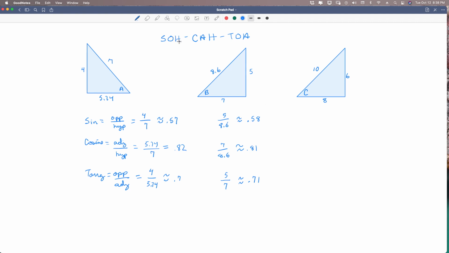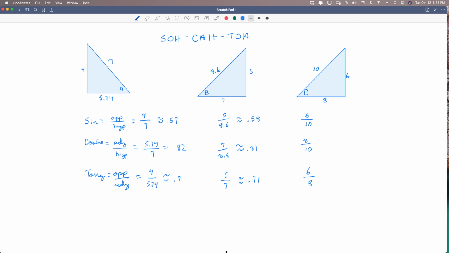Opposite over hypotenuse, so the opposite is 6 over 10. Our cosine is adjacent over hypotenuse, so the adjacent is 8 and the hypotenuse is 10. Our tangent is opposite over adjacent, so that's 6 over 8.